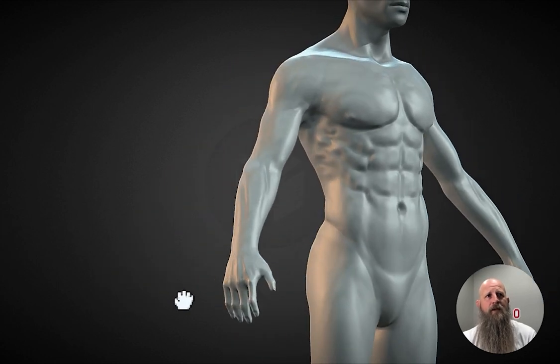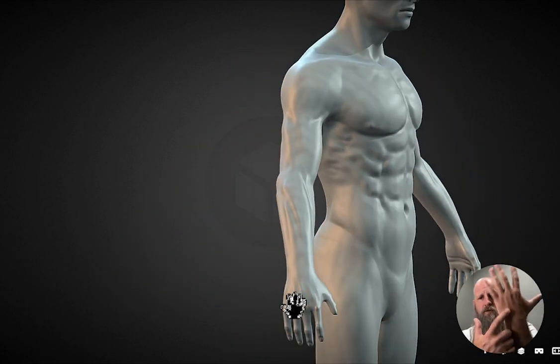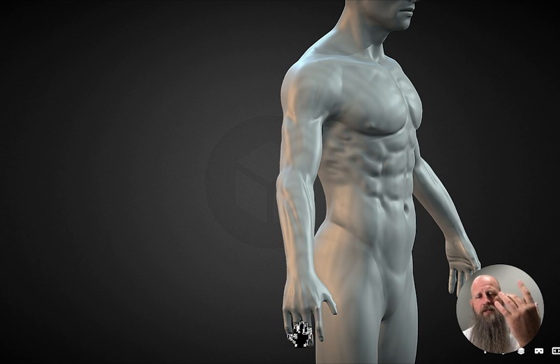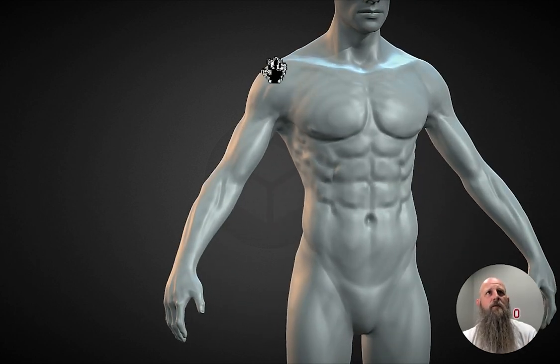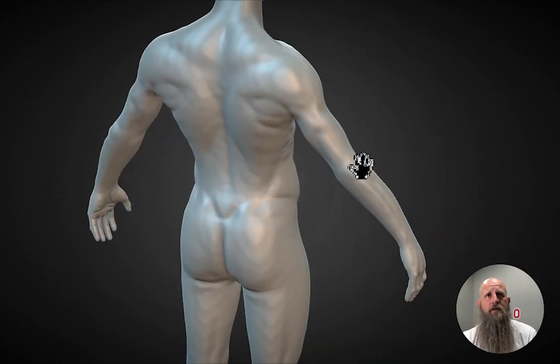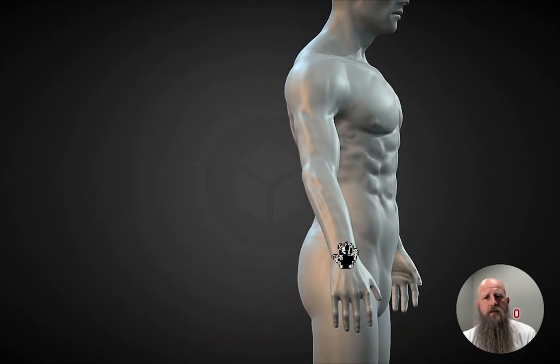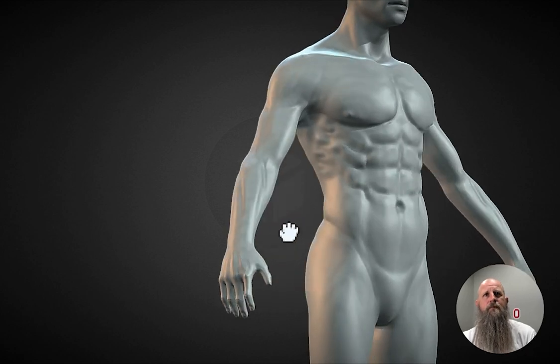The metacarpal is sort of like the hand itself, and the phalangeal region are the digits or the phalanges. Okay, so we have deltoid, axillary, brachial, antecubital, cubital, antebrachial, carpal, metacarpal, phalanges. All right.